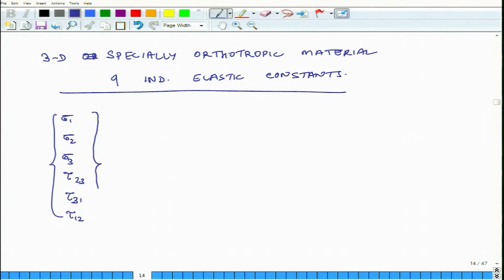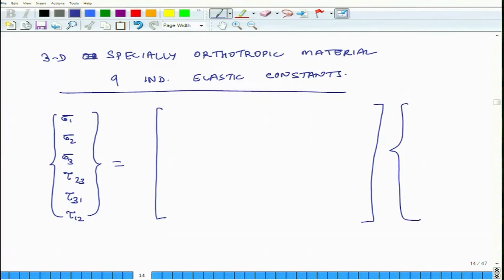So, these are 6 engineering stresses and they are related to a big matrix which is of size 6 by 6, and the strains are epsilon 1, epsilon 2, epsilon 3, and here I write gamma 2 3 engineering strain, gamma 3 1, gamma 1 2, and the elastic constants are.